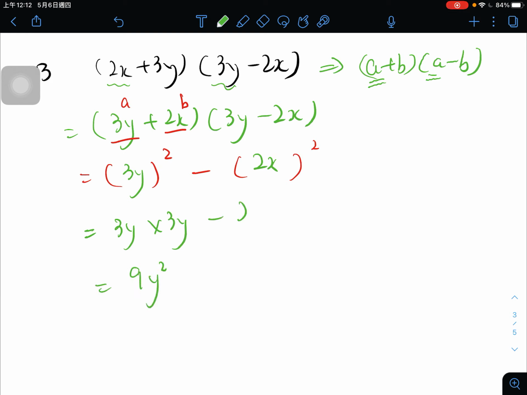How about 2x times 2x? That should be minus 4x squared. Don't forget to square the 3 and the 2.